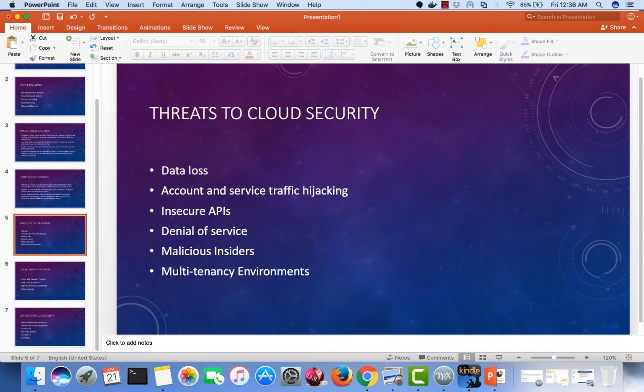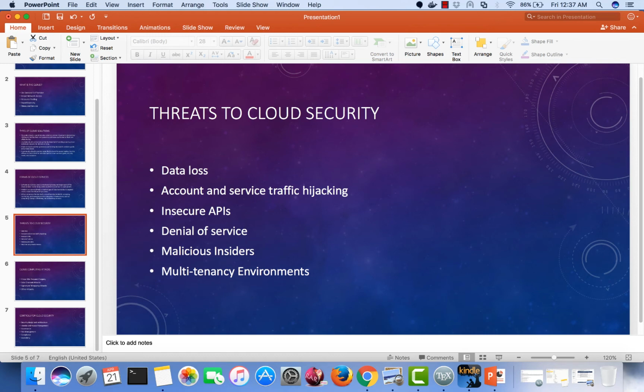In 2013, Target lost, I think it was 110 million credit cards and personal information, to a group of hackers. When they stole that information, it proved really expensive to Target's image and their bottom line.